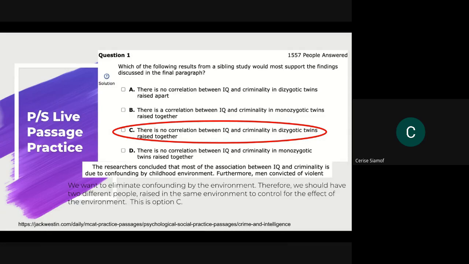So that leads us to C. So between IQ and criminality in dizygotic twins, so these would be people who are genetically different. So if they were raised together but had no correlation, that would support the finding that most of the association between IQ and criminality is due to confounding by the environment.